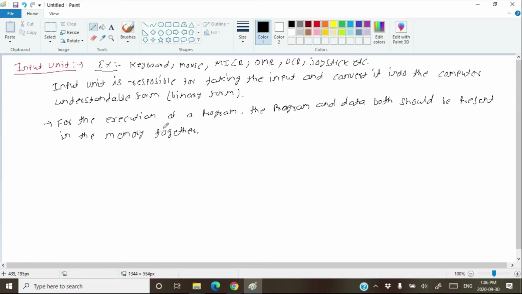That means for the execution of the program itself, the instruction code of the program and the data on which the instruction has to be executed should both be present together in the memory.